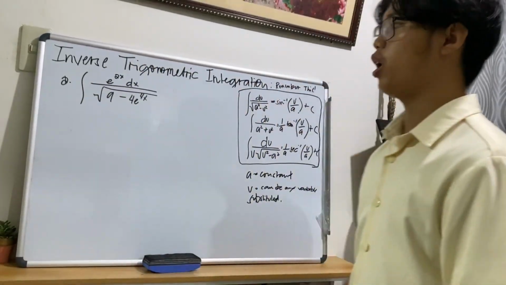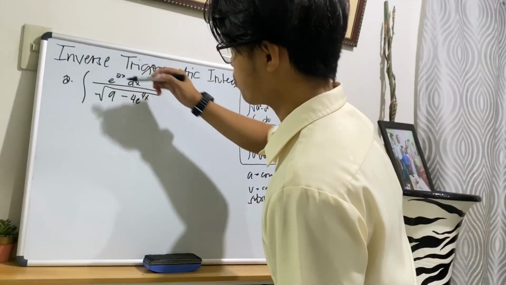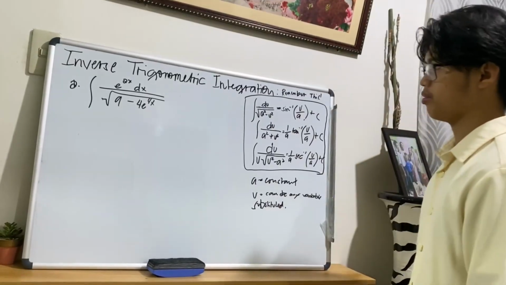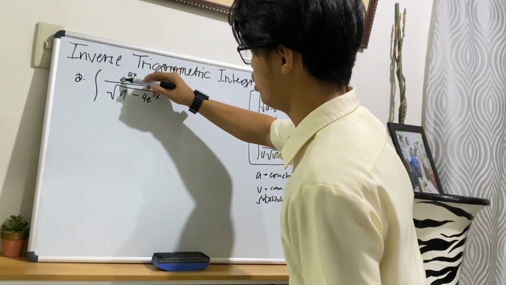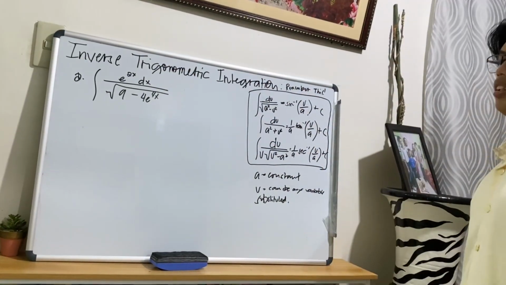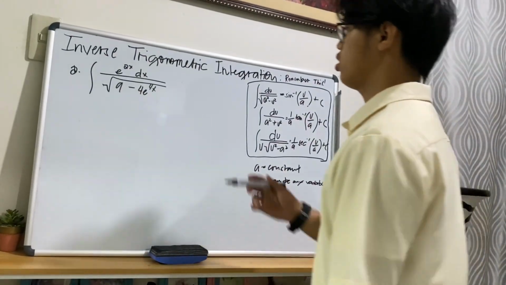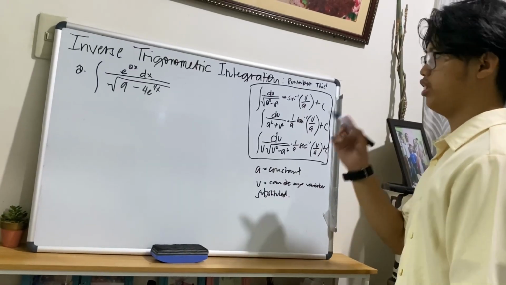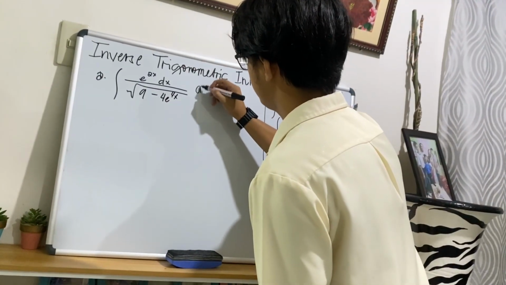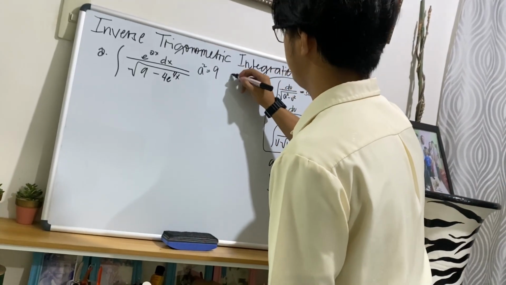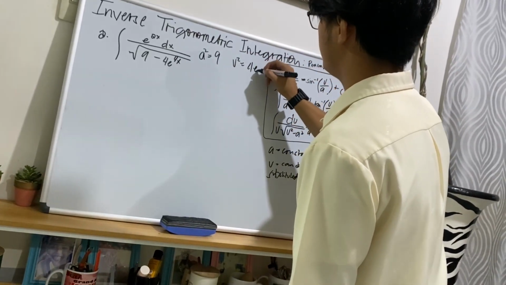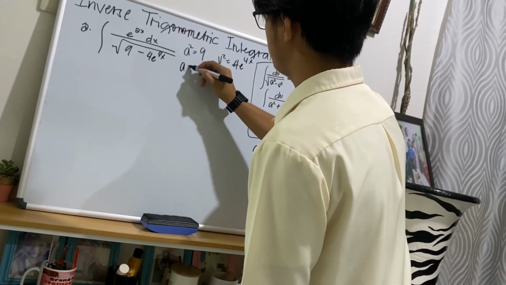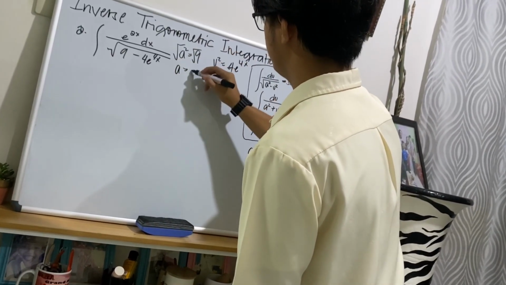This problem now involves exponential and logarithm, or e, which is Euler's number. To solve this, we need to first identify our constant, which is 9, and our variable, e raised to 4x. Square rooting this, we will get 3.